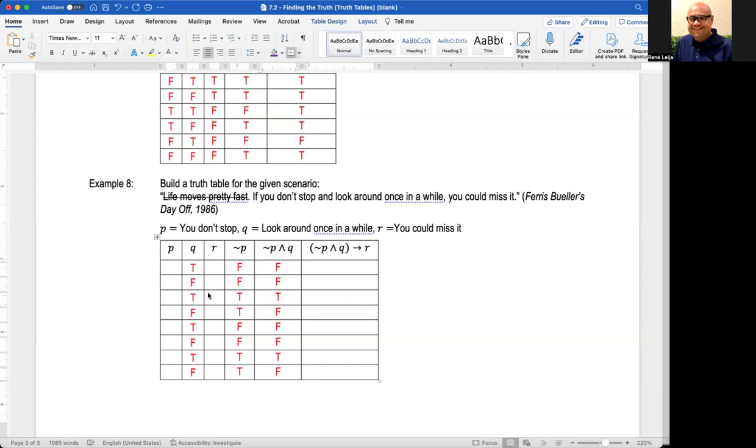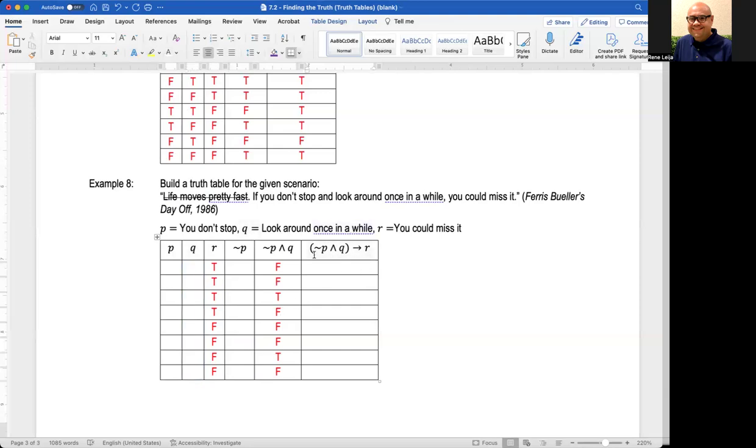Okay. Now I need not P and Q, and I also need my R column. So I'm going to hide or cover up whatever you want. You don't have to do this. If you can go through it without it, good for you.